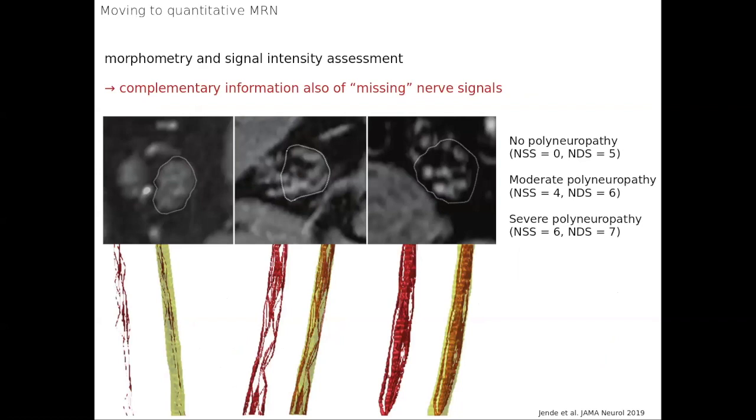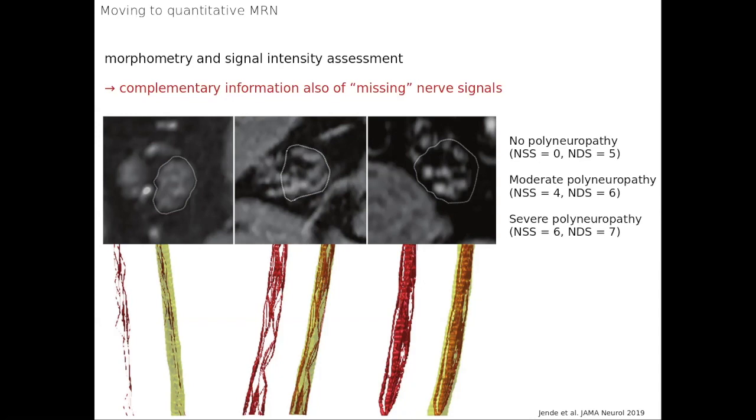And not only might it be interesting to look at the nerve fascicles that have a bright signal within the peripheral nerve, but you can also look at the missing nerve signal in the peripheral nerve, as has been nicely shown by Yende et al. last year.